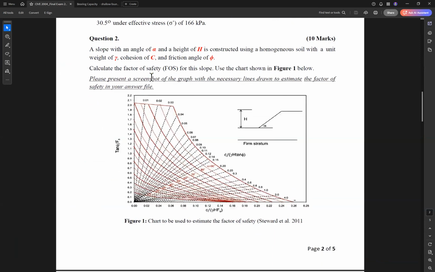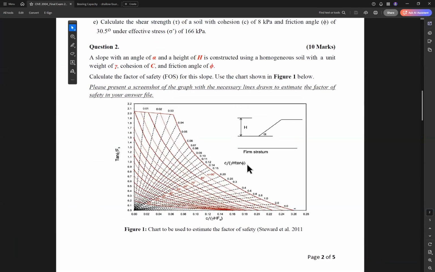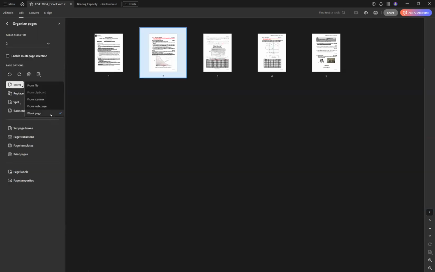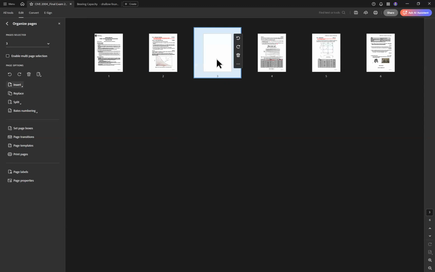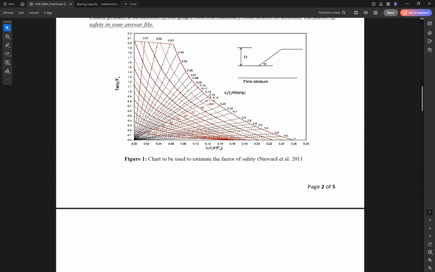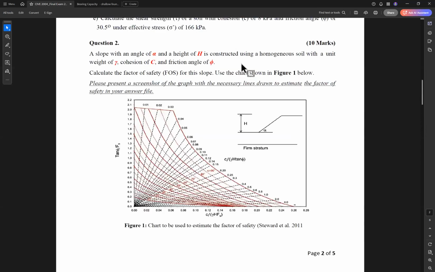So how can we solve question number 2, for example? For this question, what is the important parameter we need to know, or what are the given parameters here?